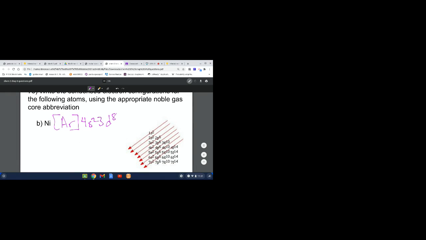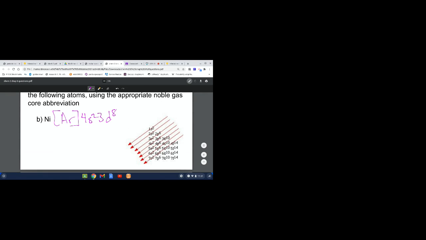Let's confirm this with the long configuration. Again, we're trying to get to 28. 1s2, 2s2, 2p6, 3s2, 3p6, 4s2.